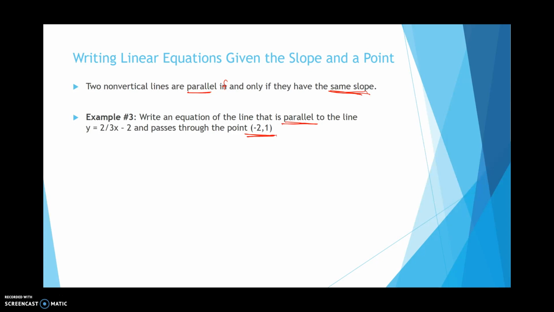Well, if parallel lines have the same slope, I'll rewrite this, y equals 2/3 x minus 2. Parallel lines have the same slope.